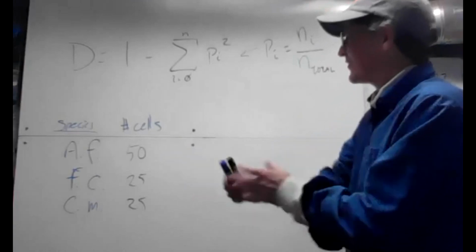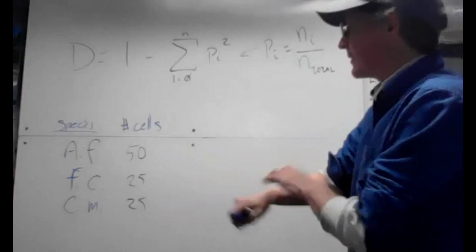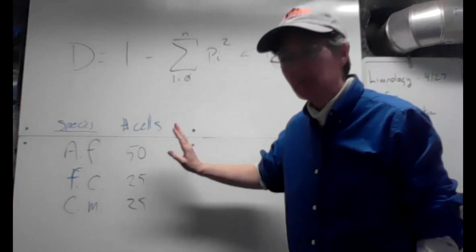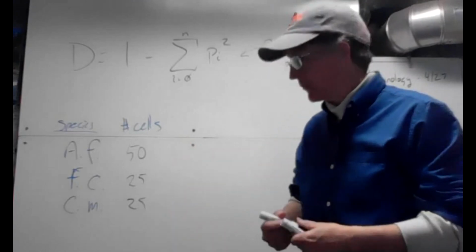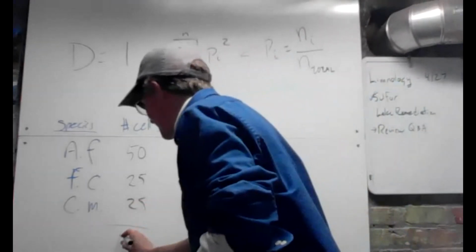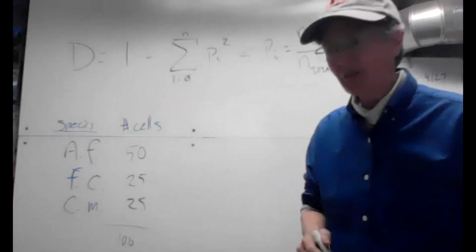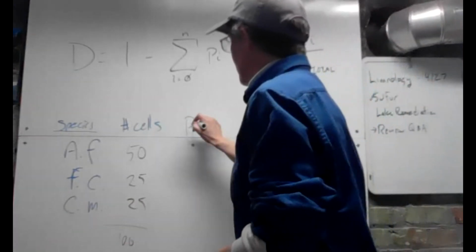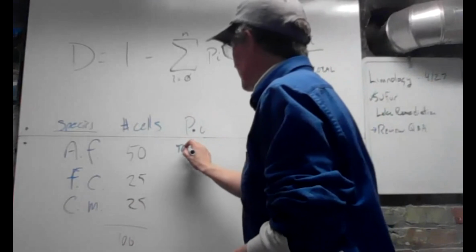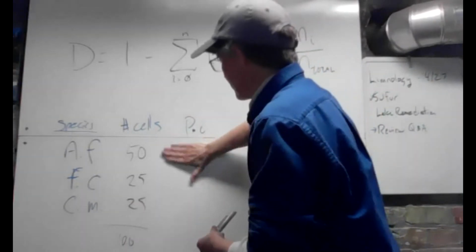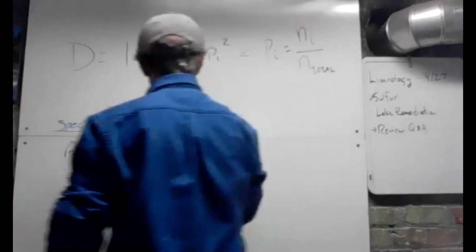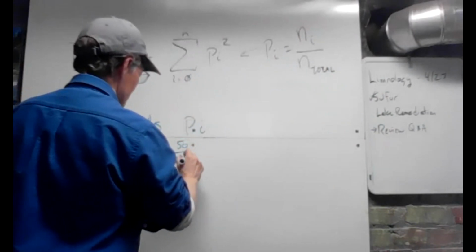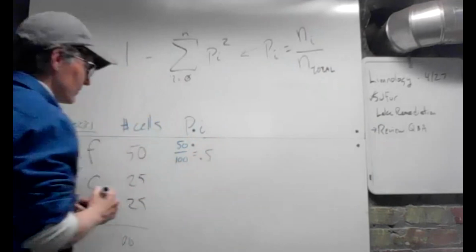Okay, so let's say you got 50 of this and 25 of this and 25 of that. And I picked these numbers because they all add up to 100. So the calculation is going to be easy. So calculating p sub i, this is 50 divided by 100 equals 0.5.